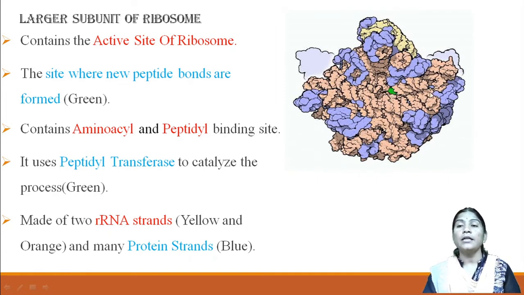The large subunit of the ribosome also contains amino acid and peptide binding sites. It uses the enzyme peptide transferase to catalyze the process. Here the green color shows the sites where the new peptide bonds are formed.